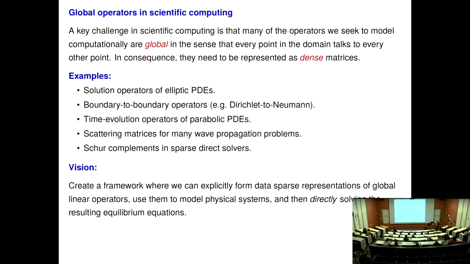So the idea is really to get to a place in scientific computing where we don't need to rely on iterative solvers. And the advantage is that this will be particularly competitive in environments where we don't have good iterative solvers. So for instance, high-frequency scattering problems, which is something that we've done some interesting work on. Okay, so this is the high-level picture.